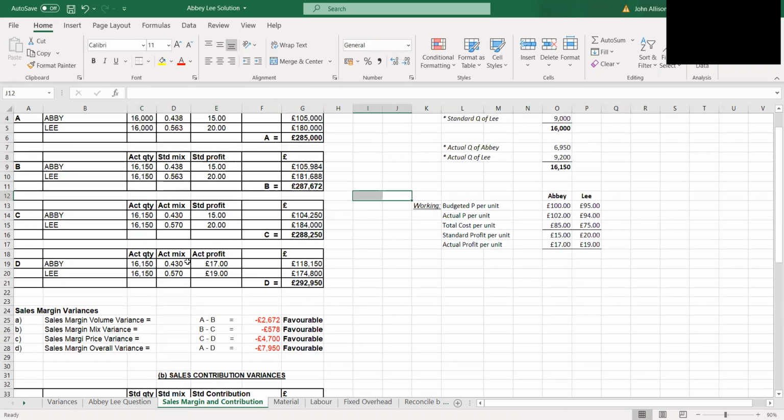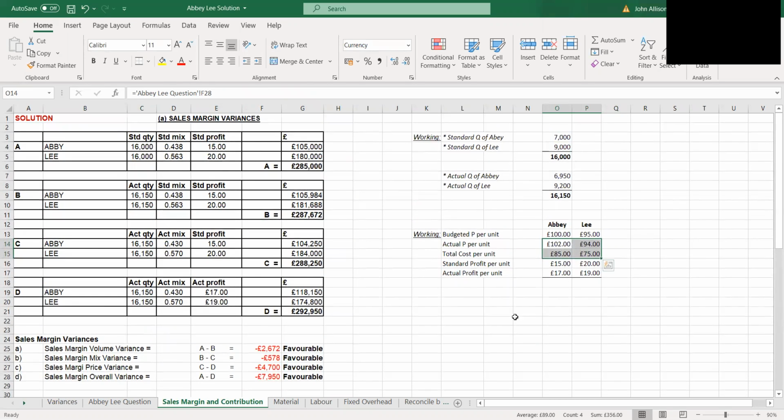The last thing we need, we've got actual quantity and actual mix, so again, we take these just from above. Now we need actual profits. To calculate actual profit, it's just going to be the selling price, take away the costs. The costs stay the same as they were when we were calculating the standard profit, but now we use the actual selling price.